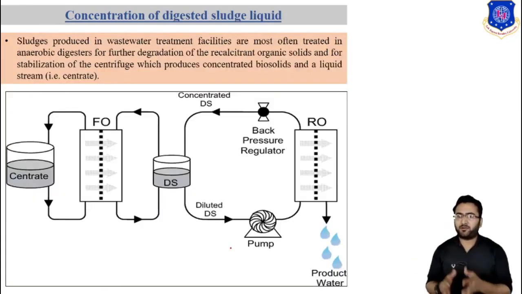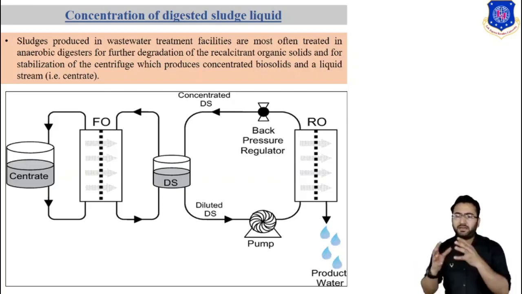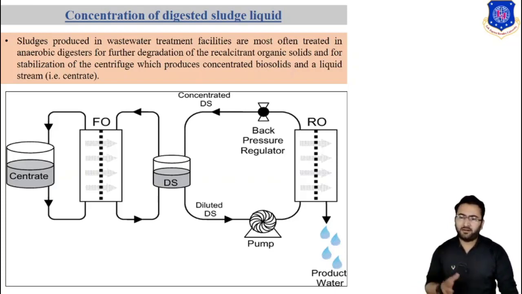Now let us discuss the concentration of digestate sludge liquid. Sludge produced in wastewater treatment facilities is most often treated in an anaerobic digester for further degradation of recalcitrant organic solids, for stabilization and centrifuging, which produces concentrated biosolids and a liquid known as centrate. The centrate contains high concentrations of nutrients such as ammonia, orthophosphate, organic nitrogen, then heavy metals, TOC, TDS, color, and TSS.